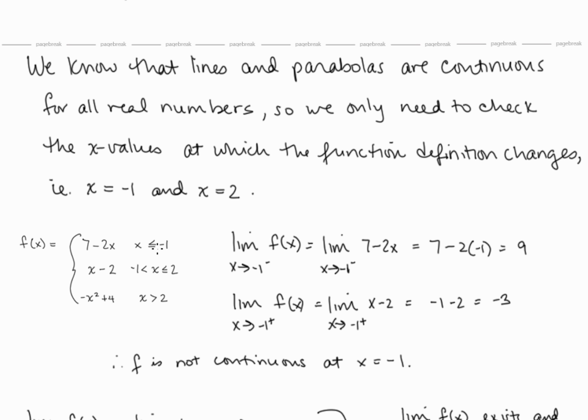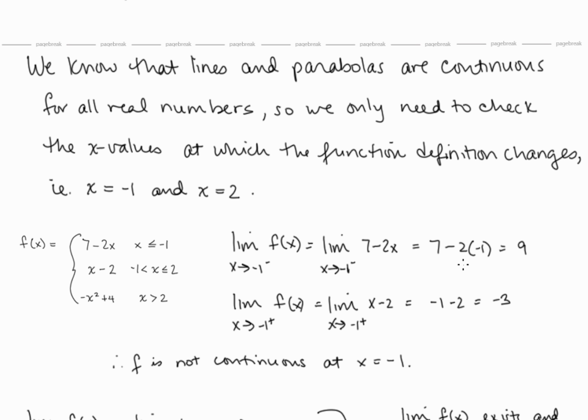The x values are less than -1. So this is the limit as x goes to -1 from the left of 7 minus 2x, and at this point we can just plug in 7 minus 2 times -1, so this is equal to 9.